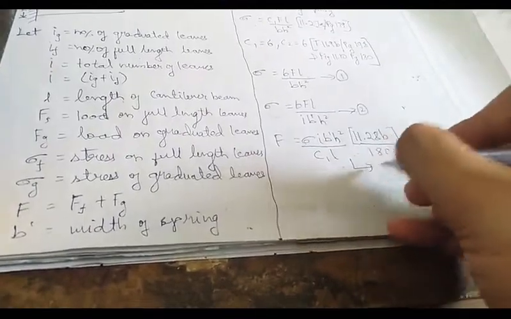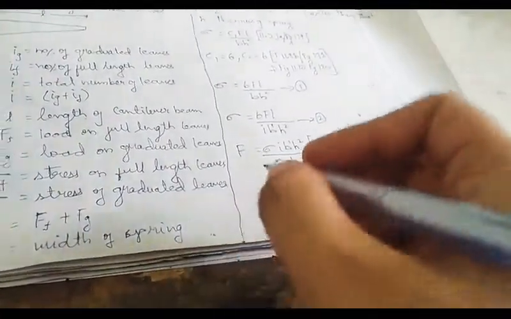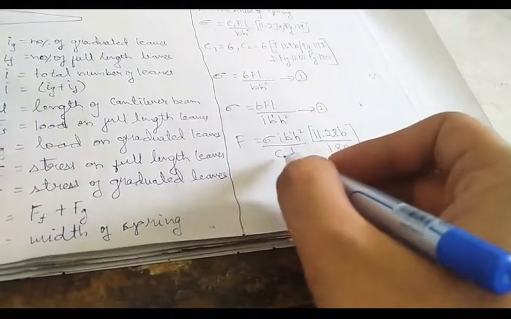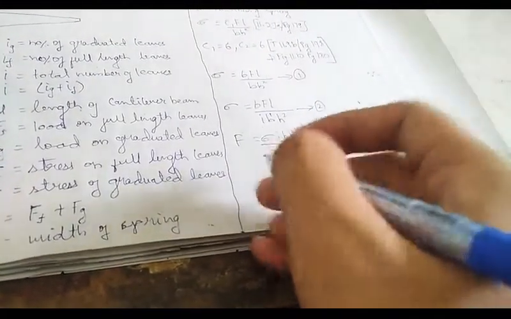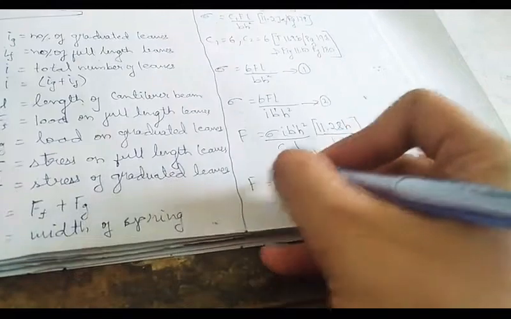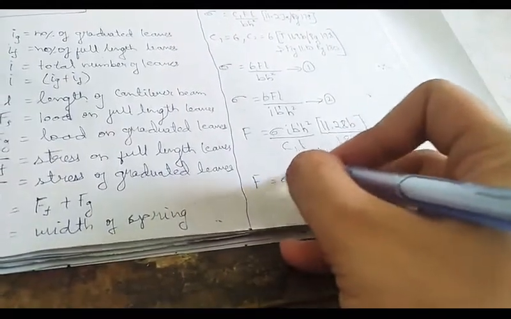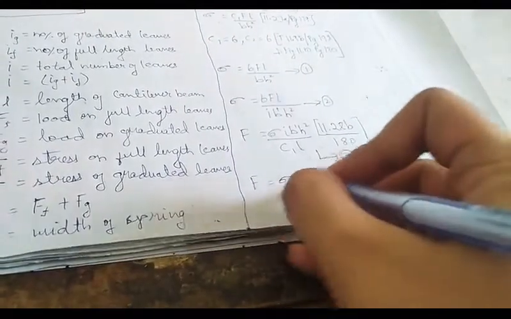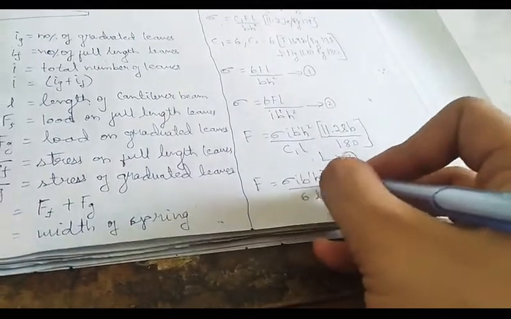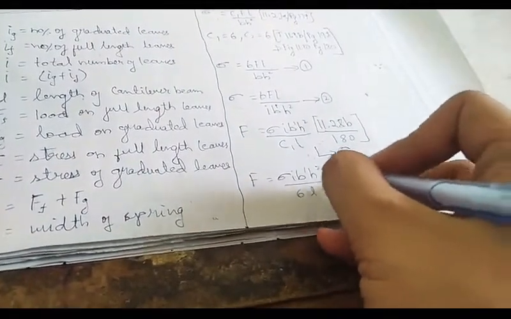I'll call this equation 3. Here also for C we shall substitute C1. F is equal to sigma I B dash H square by 6L. We shall call this equation 4.